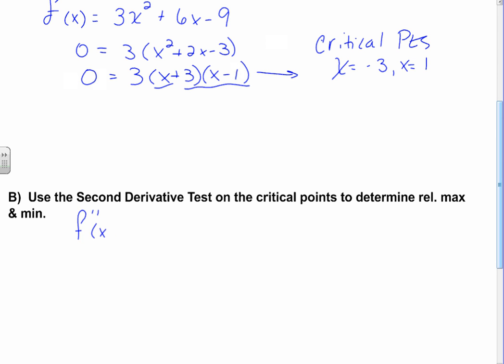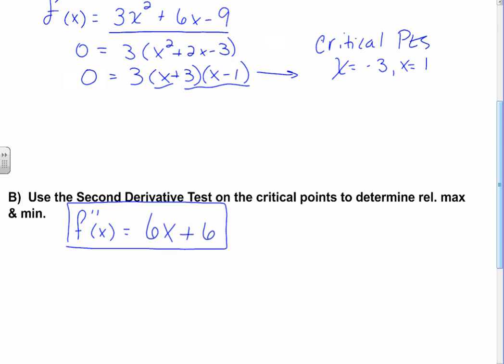Working off of that first derivative, my second derivative is going to look like 6x plus 6. In order to find concavity, no, I don't have to find concavity. All I need to do is test out my critical points.